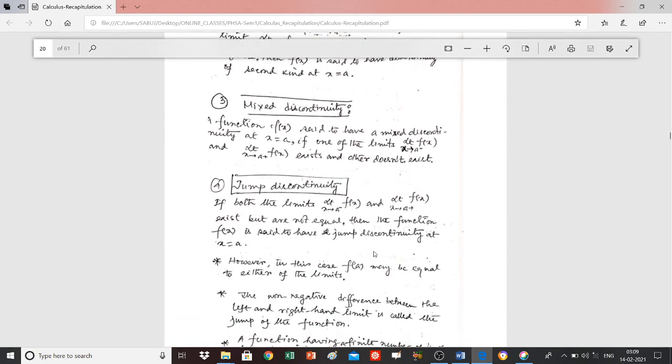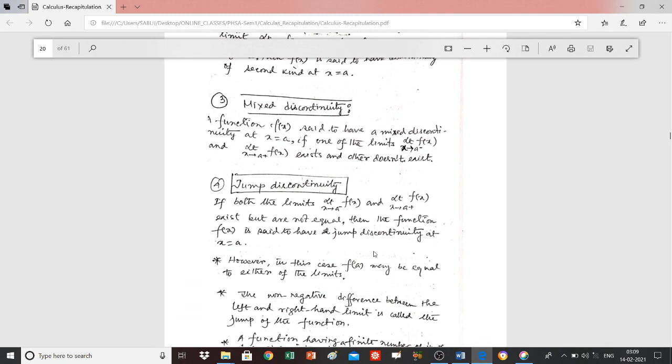And next one is mixed discontinuity. The given function f is said to have mixed discontinuity at x equal to a if one of the limits, that is the left hand limit or the right hand limit, exists but the other does not exist.